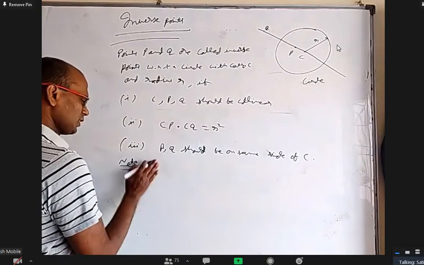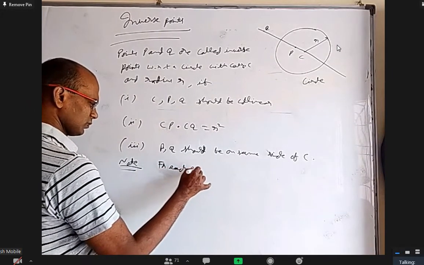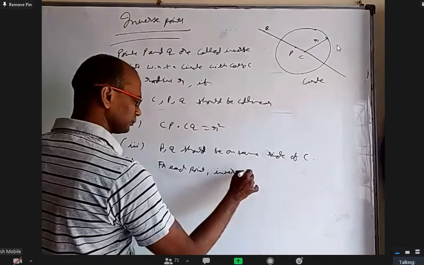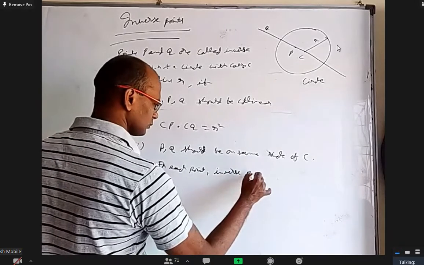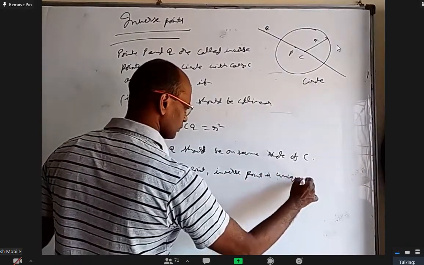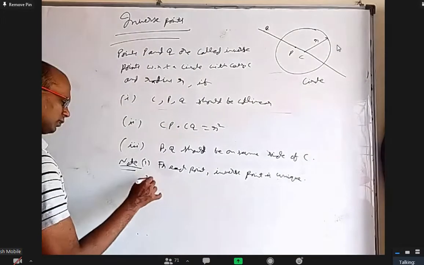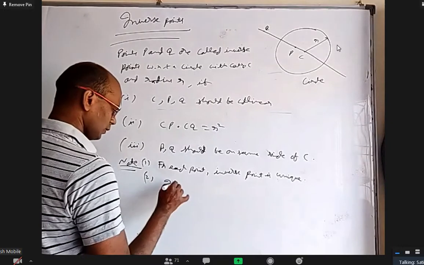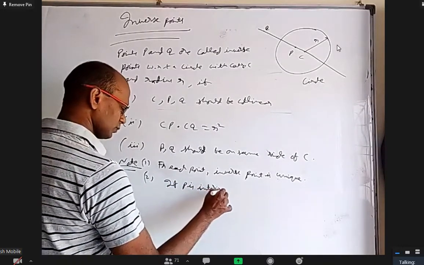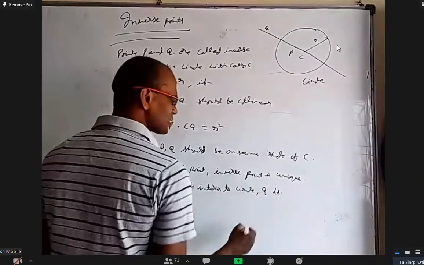So note, for each point, the inverse point is unique. Next, if P is interior to the circle, Q is exterior to the circle.